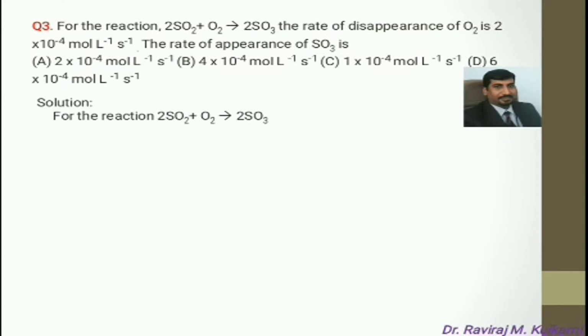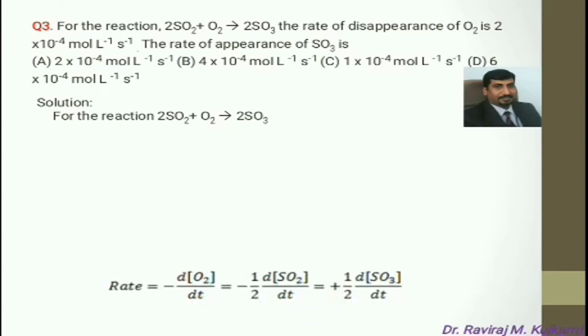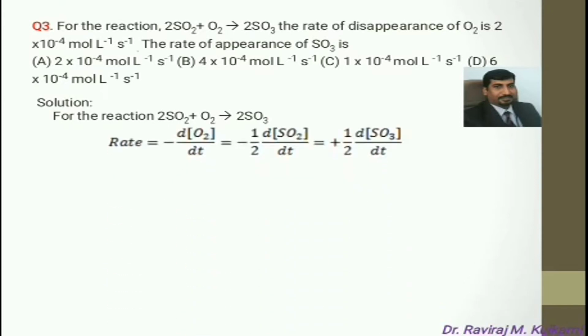Solution: for the reaction 2SO2 plus O2 giving 2SO3, the rate is given by what? Rate is equal to minus dO2 by dt. What is the molecularity of oxygen? It is 1. The minus sign indicates it disappears.